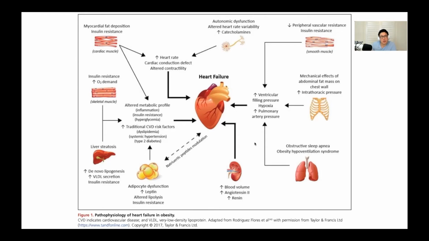But one thing that stood out to me from this diagram is how much insulin resistance plays. Have a look: insulin resistance, insulin resistance, insulin resistance, and so on. So that means that this key concept must play a major role in the development of heart failure.